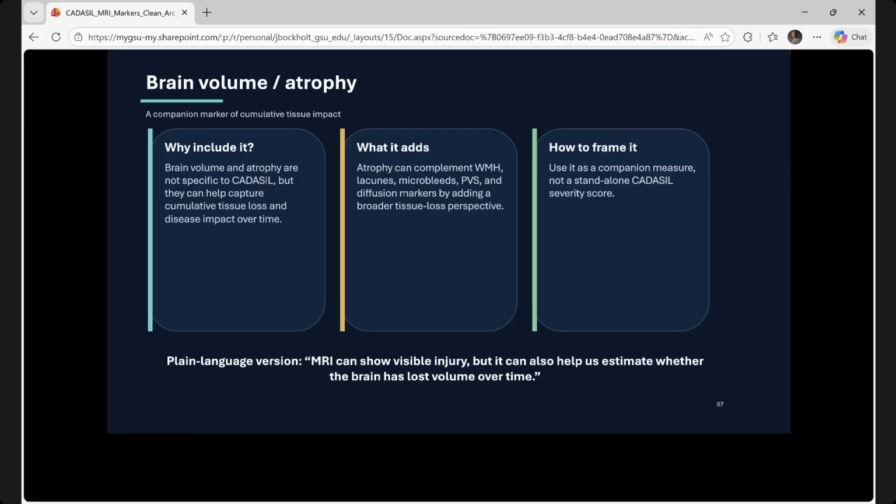It's accelerated atrophy. It's regional, and it also contributes really to the overall changes that we want to track cross-sectionally and over time. Next slide.